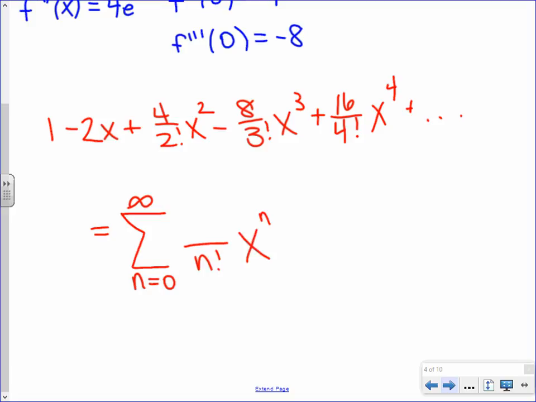X to the n is what we're multiplying by. What's in our numerator? Okay, so really we could even say negative 2x is being raised to the n power as we go through, right?